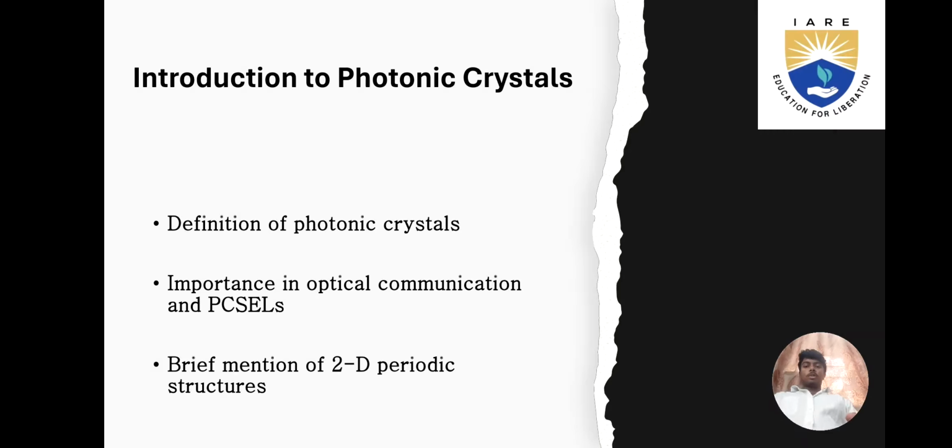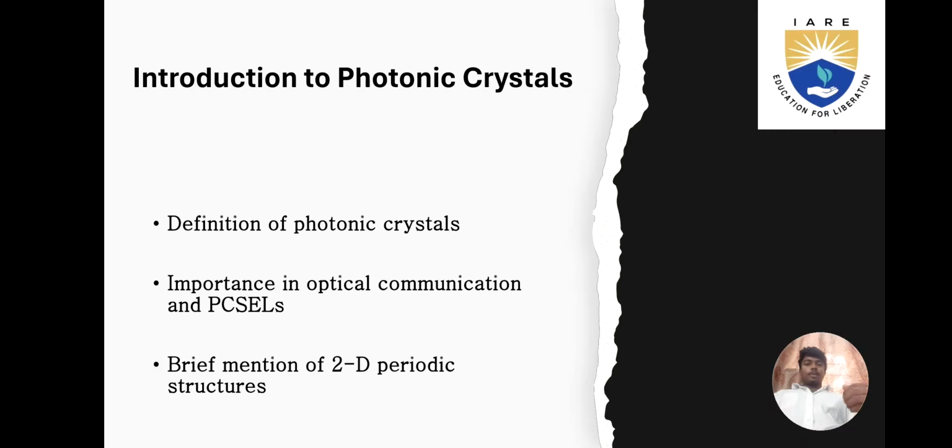There are some key features of photonic crystals that we are going to discuss. The first key feature is band gaps. Wavelengths within these gaps are reflected or blocked, enabling selective control over light propagation.